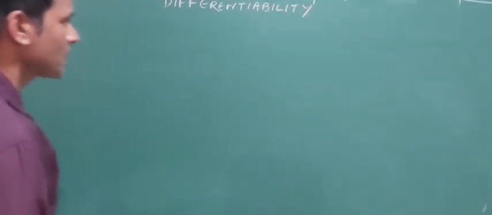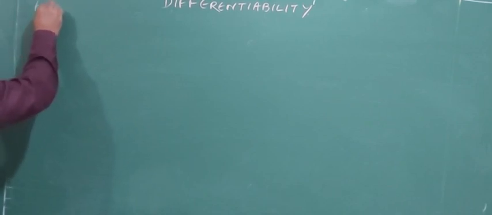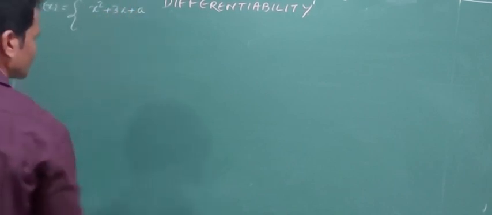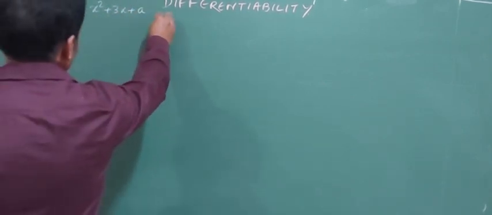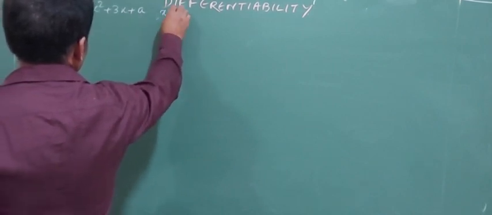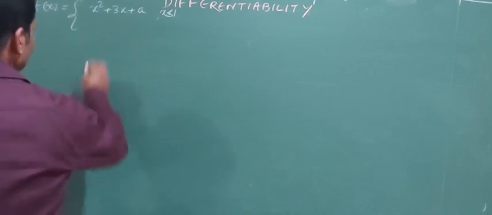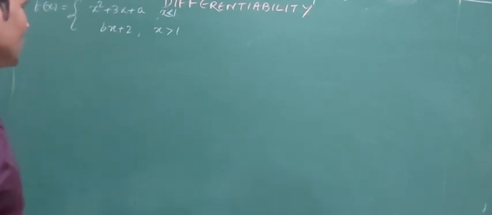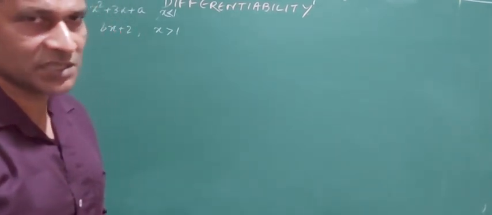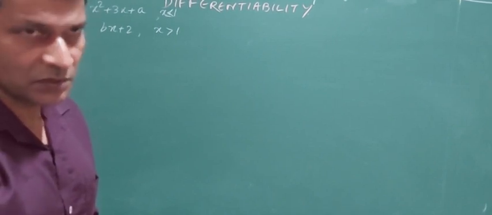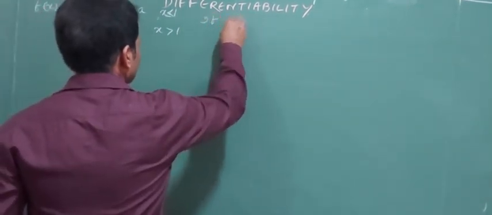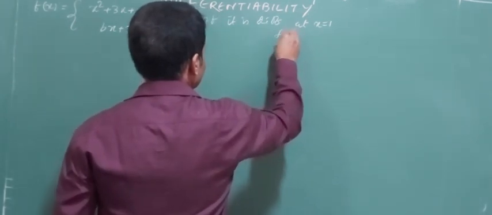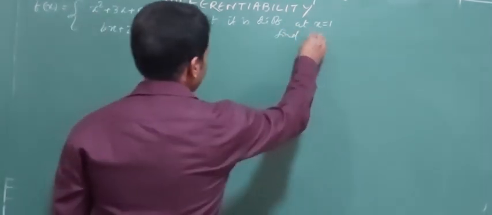For example, the question will be like this: if the function is differentiable at x equals to 1, find the values of a and b.